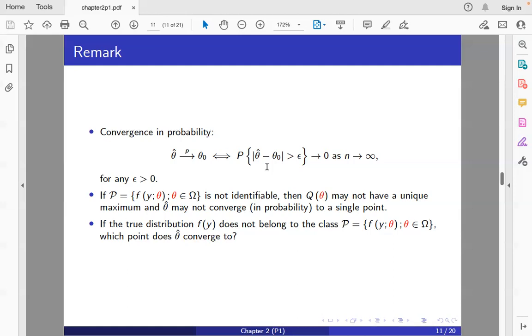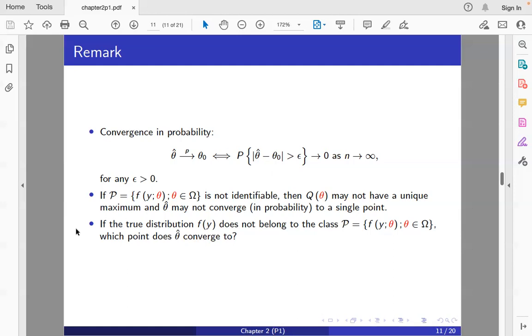In that case, the MLE may have numerical problems. If the likelihood is flat, the maximum is just random variation in the sample.